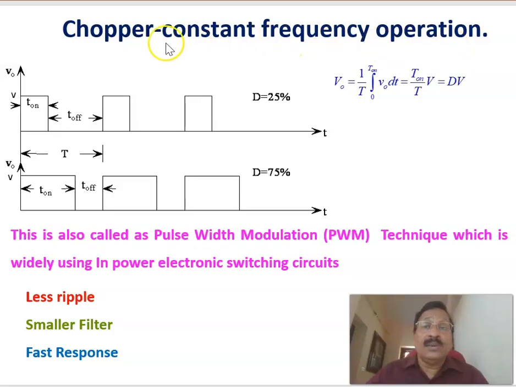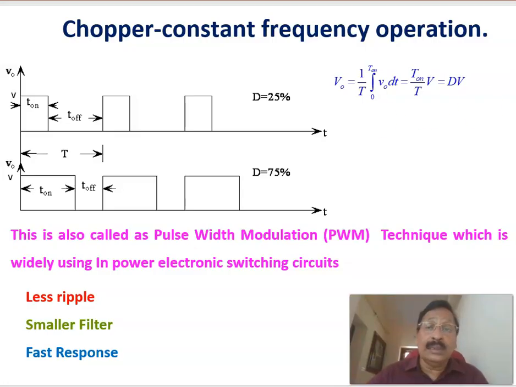Continuing the constant frequency operation of the chopper, as we have seen previously, here this is the switching pulse in which this is the on period and this is the off period, the total time period T. For this one, duty ratio equal to 25%. On period is equal to 25% of the time period. Duty ratio equal to 25, and the output voltage equal to the input voltage V into 0.25.